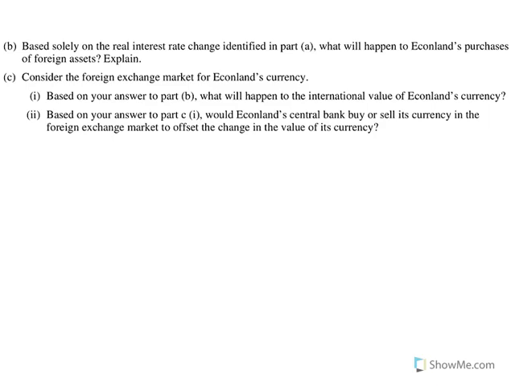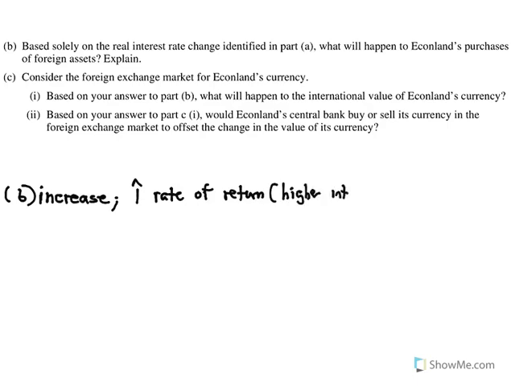And so that's actually going, in B, it's going to increase purchases of those assets, those foreign financial assets. And the reason why is because there's an increase in the rate of return, parentheses, higher interest, I guess we could say relatively higher interest, on foreign assets.